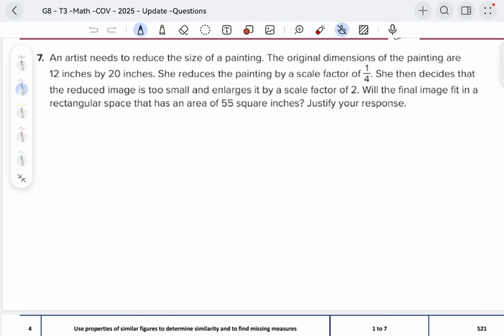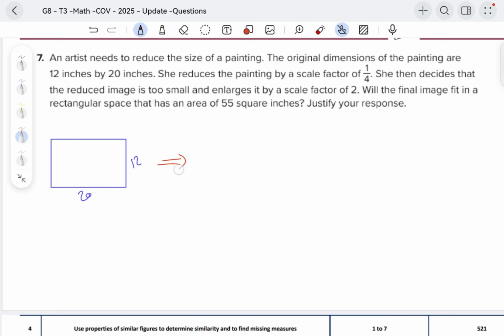Now let's go for question number 7. It's similar to question number 6. It says an artist needs to reduce the size of a painting. The original dimensions of the painting are 12 by 20 inches. This is the original dimensions. We have 20 by 12 inches. She reduced the painting by a scale factor of 1/4.